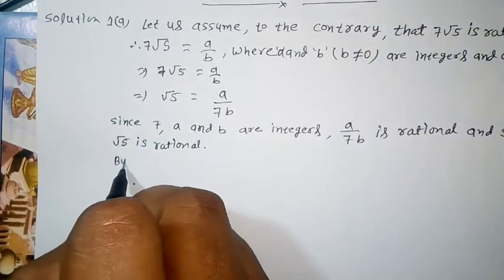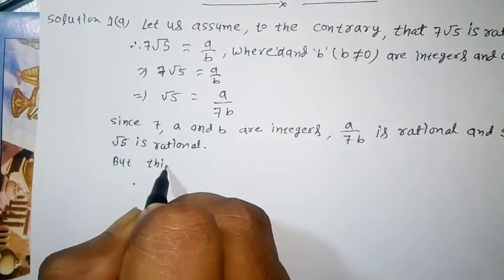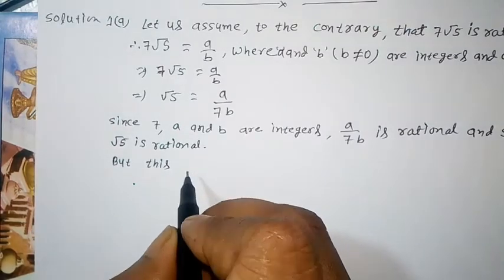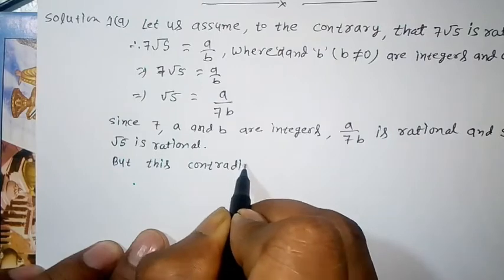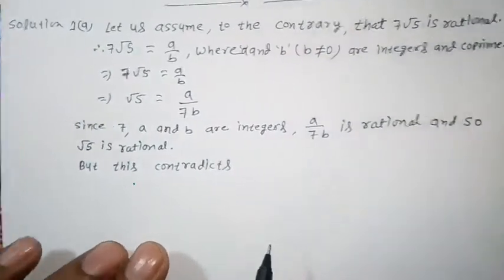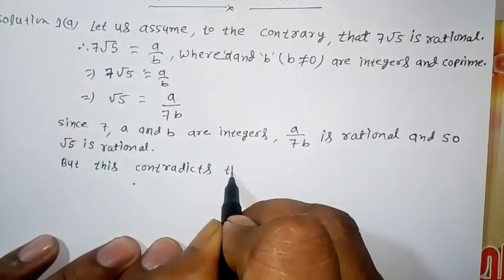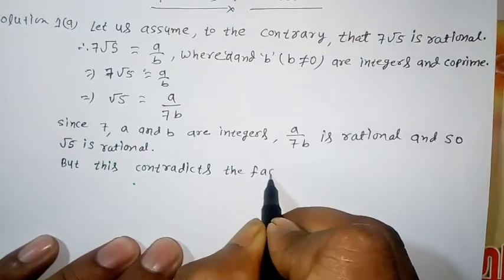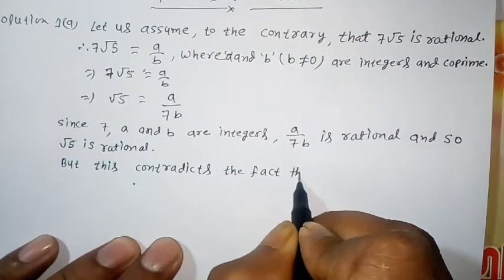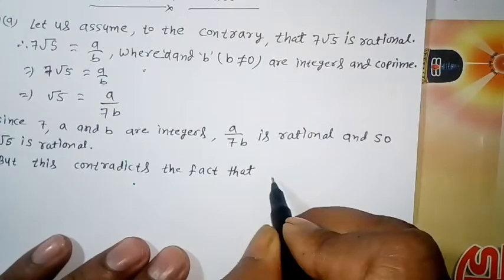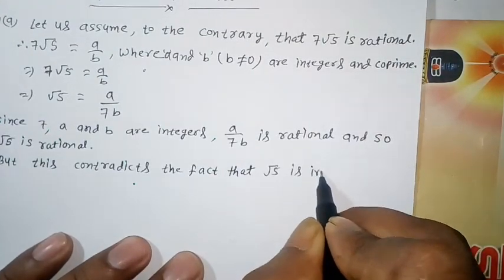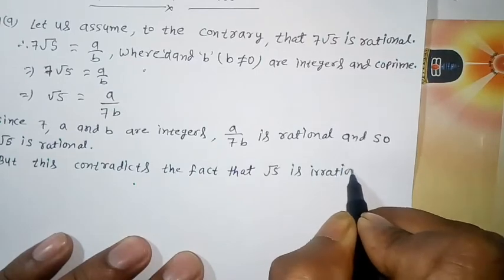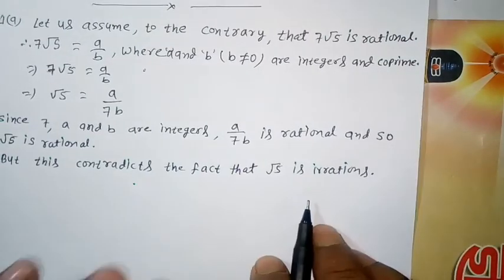But this contradicts the fact that root 5 is irrational. I know that root 5 is irrational.